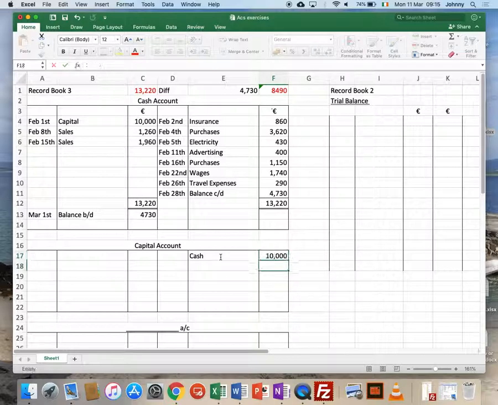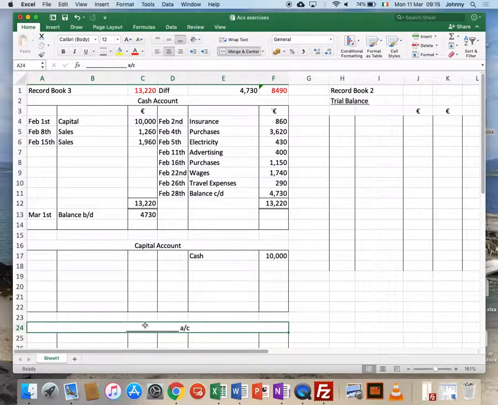It's okay? And you can do these in any order you like, just the accounts have to exist. Then I have, let's say for example, I'm going to choose this one here, electricity, 430. It's on the credit side of cash. Which side will it be in the electricity account? Debit side. So I'll have an electricity account.